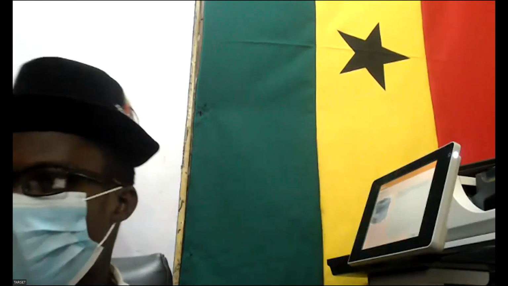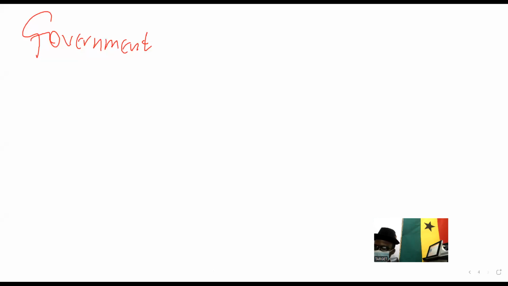in simplest language, anyone who can give funds out. Government refers to government agencies and similar bodies, whether local, national, or international.